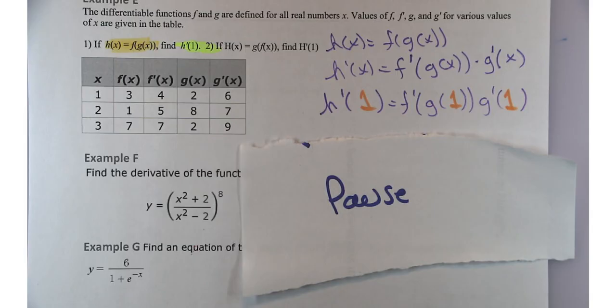Nice. So we can do better than this one. You just find g prime of 1 in the table, which is 6.